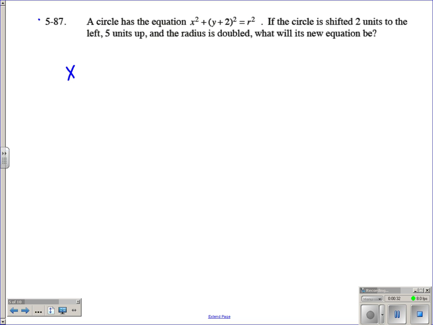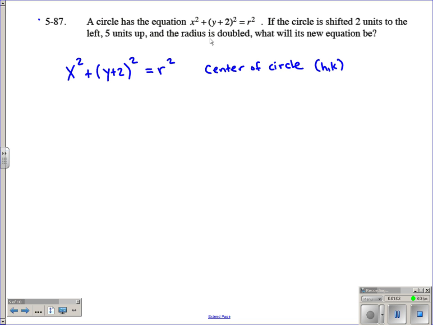So we've got our original circle here, x squared plus the quantity of y plus 2 squared is going to equal r squared. Let's think about the pieces of this equation first. Our locator point, which remember is the center of the circle, is going to come from the point h, k.